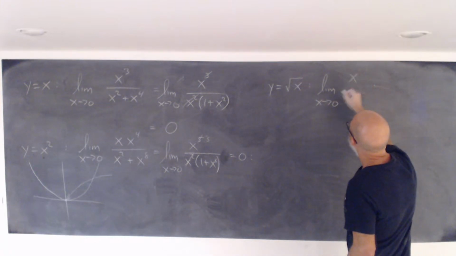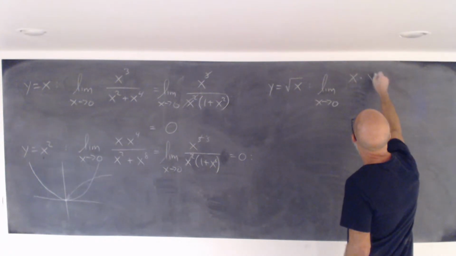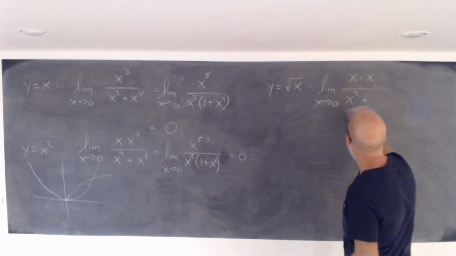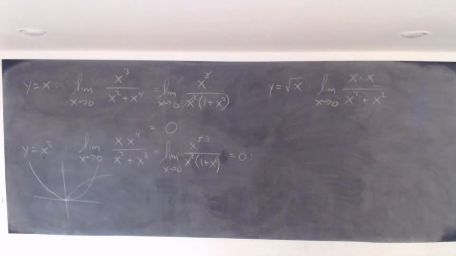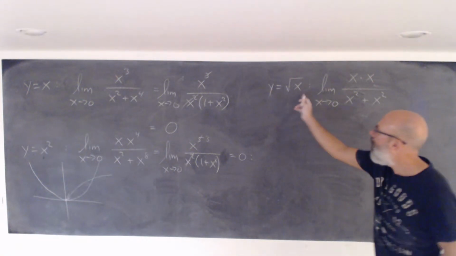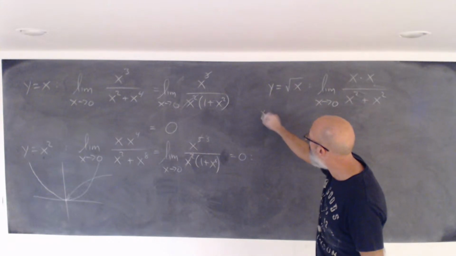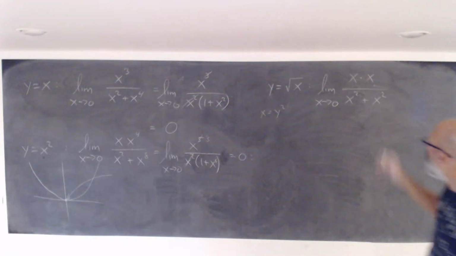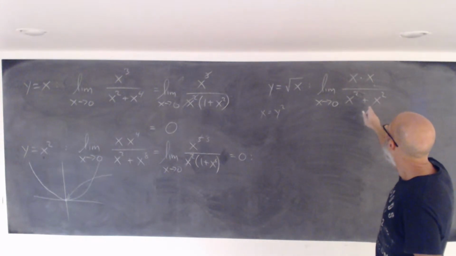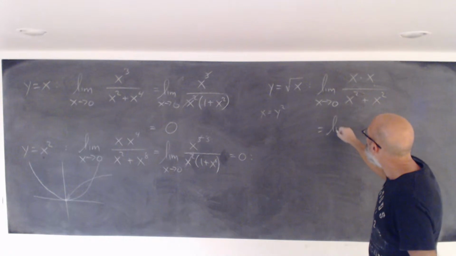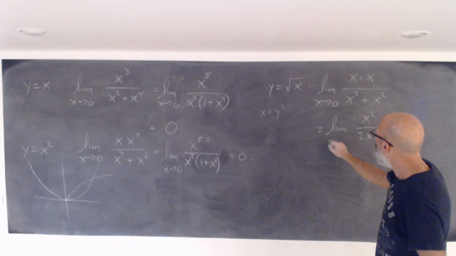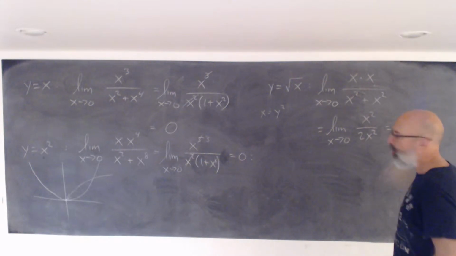We had xy squared over x squared plus y to the 4, which is x squared. Or, I think the suggestion was x equals y squared. You could do that. It's going to give you the same limit. Namely what? This is x squared over 2x squared, whose limit is easily seen to be 1/2 again.